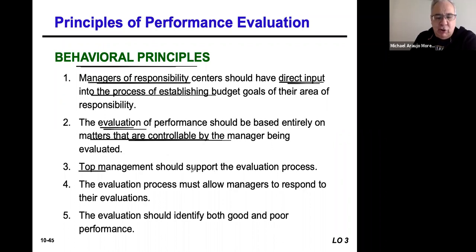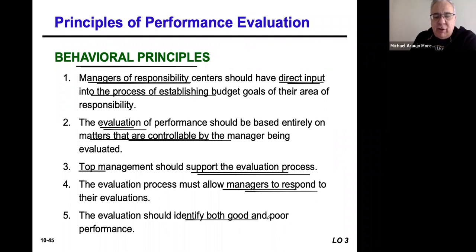Top management should support this entire process and how that is going to be evaluated. That's really important. Allow managers to respond in writing to their evaluation so they can talk about various things, make various points that we might not know as part of that evaluation.